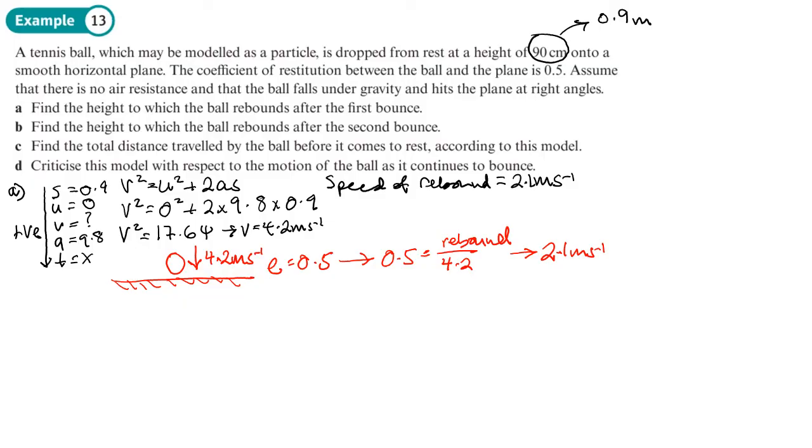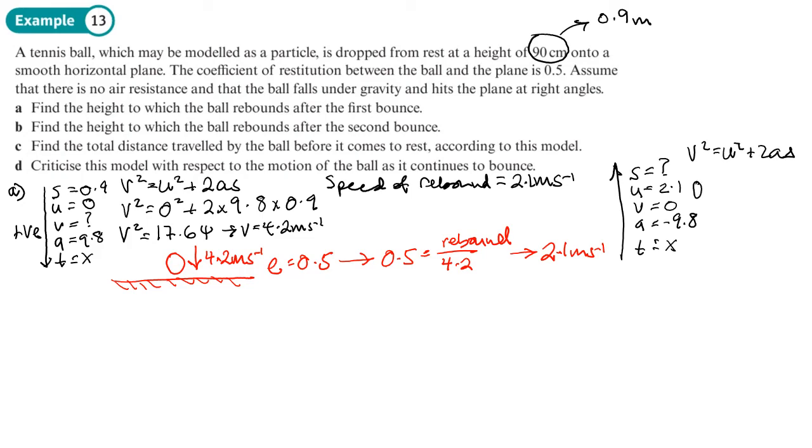So now I know that speed of rebound. Let's consider what's going on the way up. We want to work out the maximum height. So that means V is 0, U is going to be 2.1, and A is going to be negative 9.8 since we're going up. We don't care about T, so V squared is U squared plus 2AS.